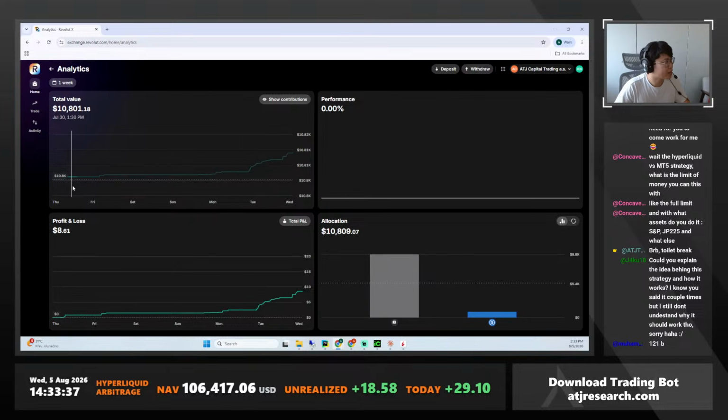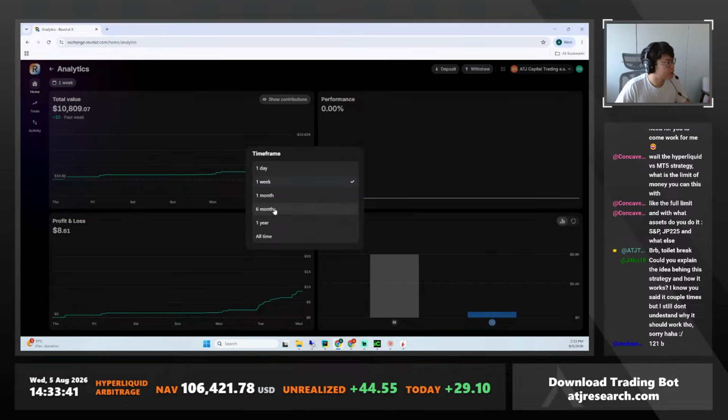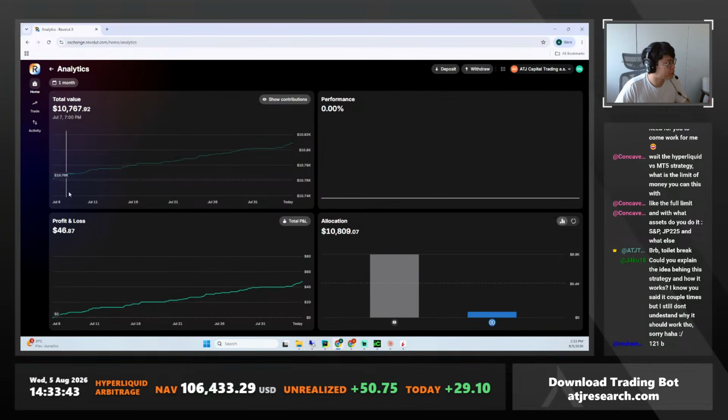If you look at the P&L for the past month, it's a very, very steady curve, right? But the profits are also very small because we made $46 on the 10K account, which is basically our risk-free rate, like 4.6%.